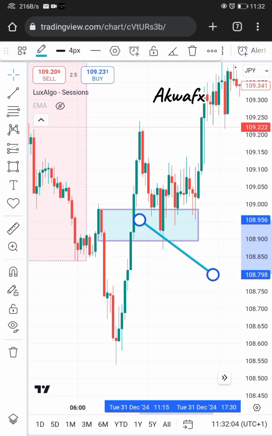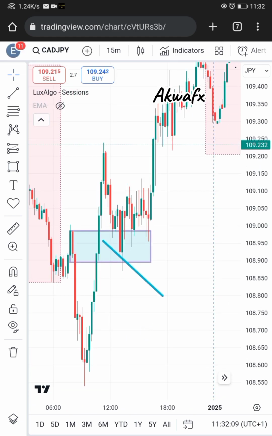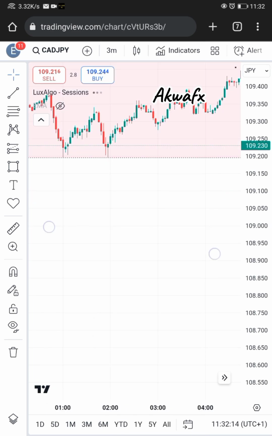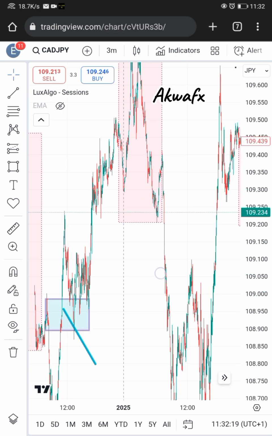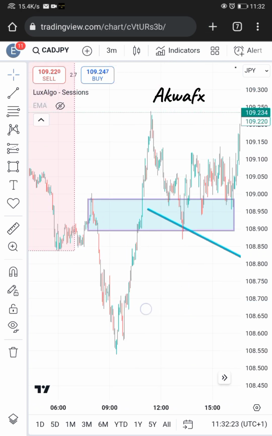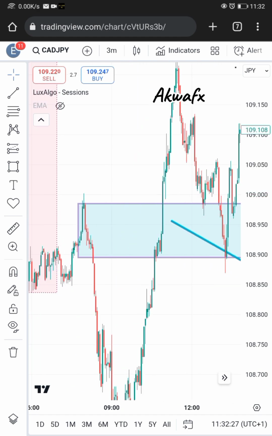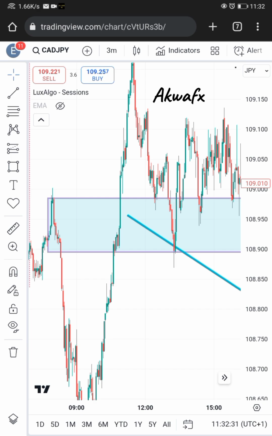Let us go to our 3 minutes and look for an entry criteria on our 3 minute chart. Okay, this here is the breaker block. So this is our inside breaker block. You've seen that the market comes back to retest this breaker block.